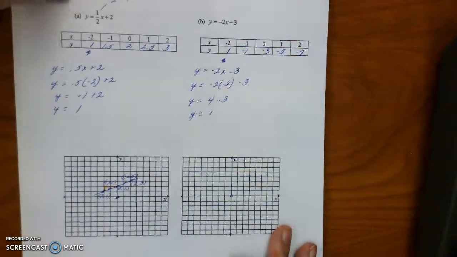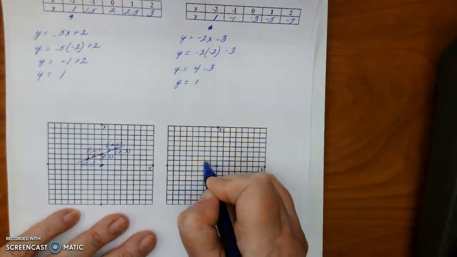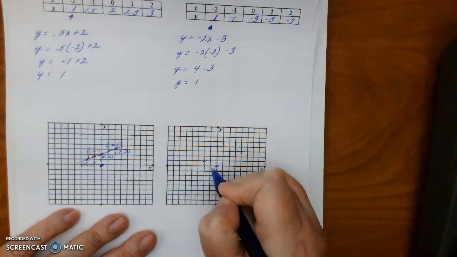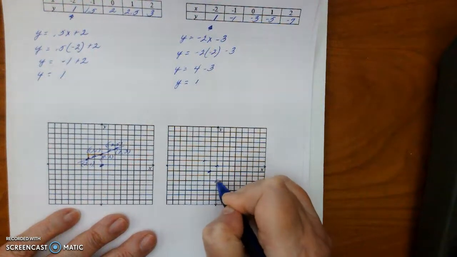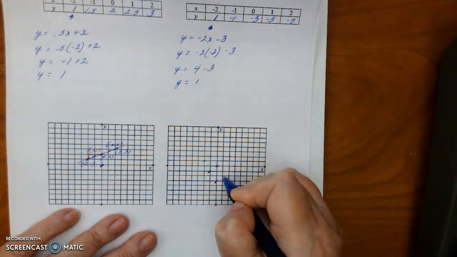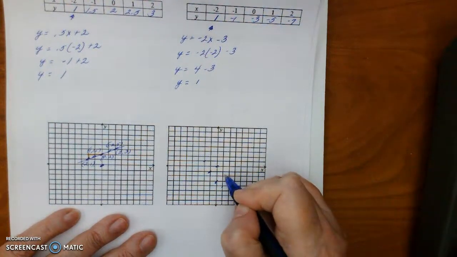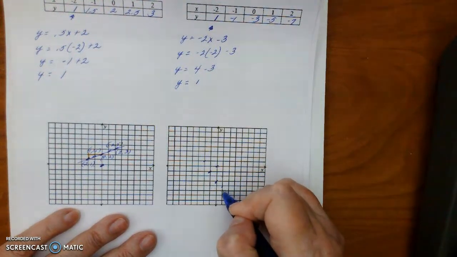Okay, now here, we're going to do -2, up 1. We're going to do -1, -1. We're going to go 0, 1, 2, 3. Then 1, 1, 2, 3, 4, 5. Am I doing this right? Yep. 1, 2, 3, 4, 5.